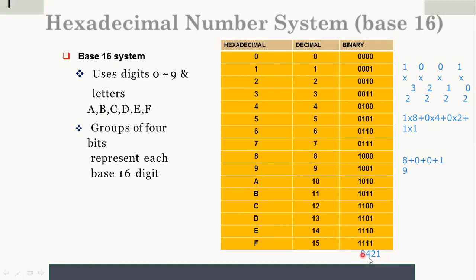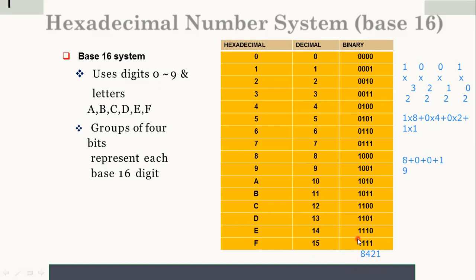All our numbers come from these 4 digits. 12 is 8 plus 4, so 1, 1, 0, 0. Next is D, equivalent to 13. How to get 13? 8 plus 4 plus 1, so 1, 1, 0, 1.